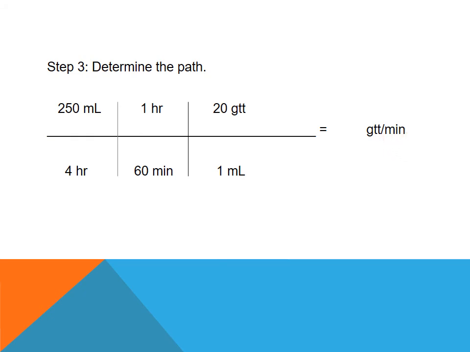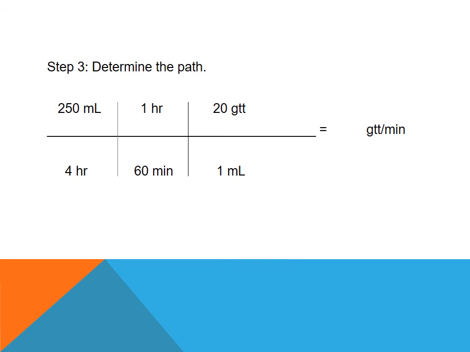And we know that the other conversion factor from the story was 20 drops per 1 mL. Since we have mLs up here, we need mLs down here to cancel it out. We know that drops is in the end, so that won't be canceled out.